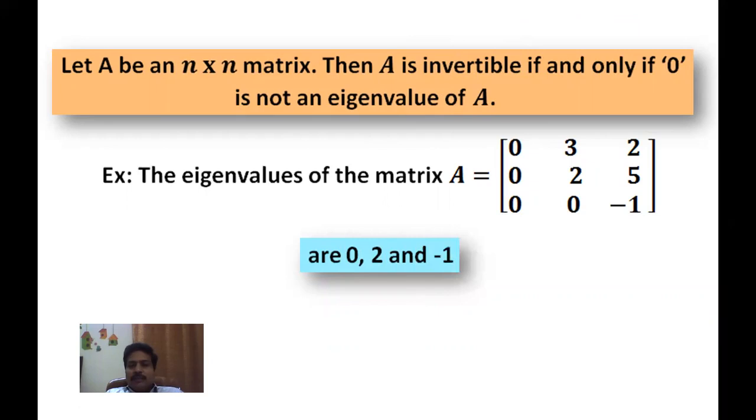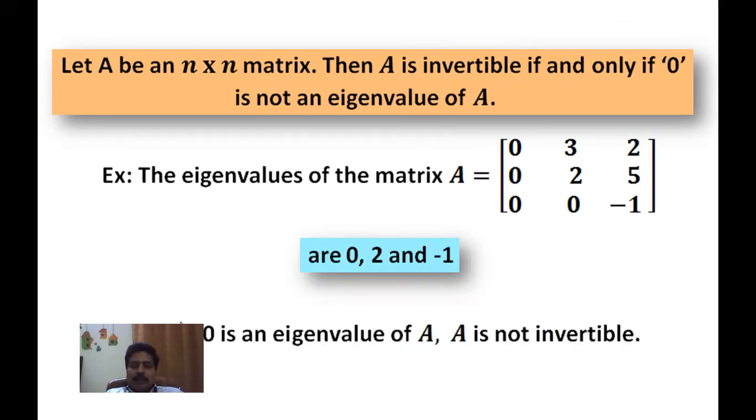So for this matrix, which is an upper triangular matrix, the entries of the main diagonal are 0, 2, minus 1. So the eigenvalues are 0, 2, minus 1. So it is not an invertible matrix.